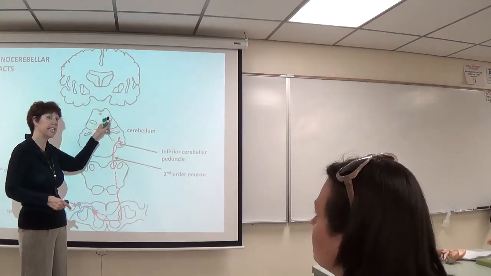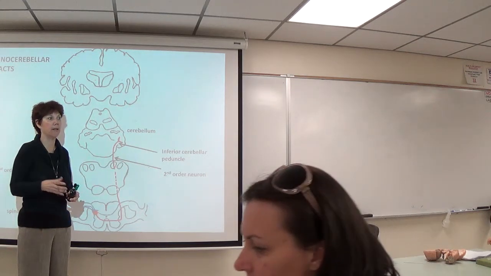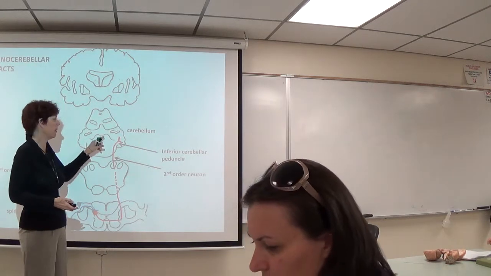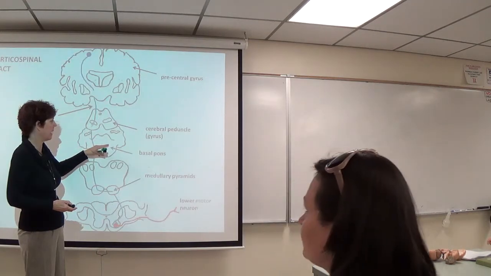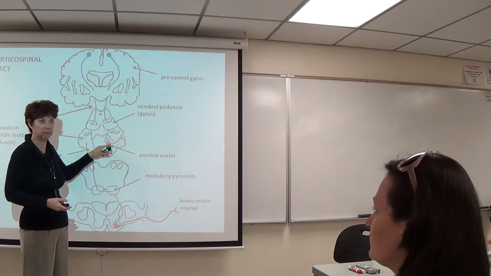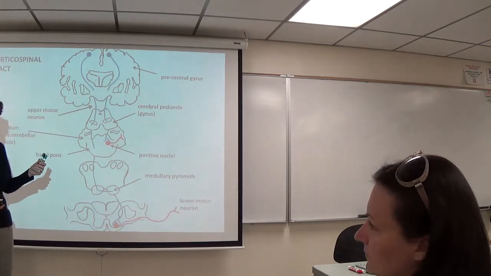Remember, we have descending information going to the cerebellum, telling my cerebellum what my muscles are doing or about to do. And that's what I showed you in that last slide right here, forming the middle cerebellar peduncle. Okay, so this is all under lateral cortical spinal tract.